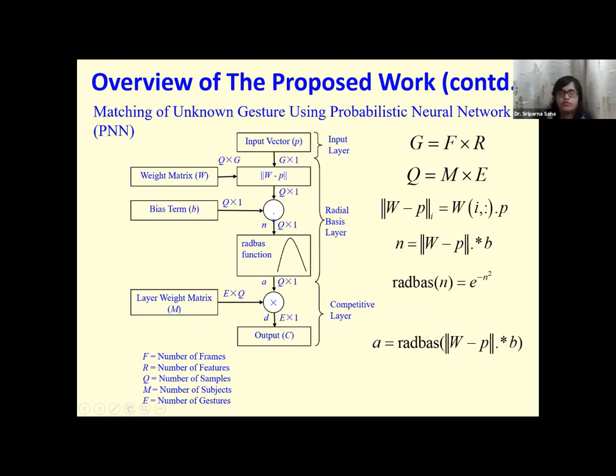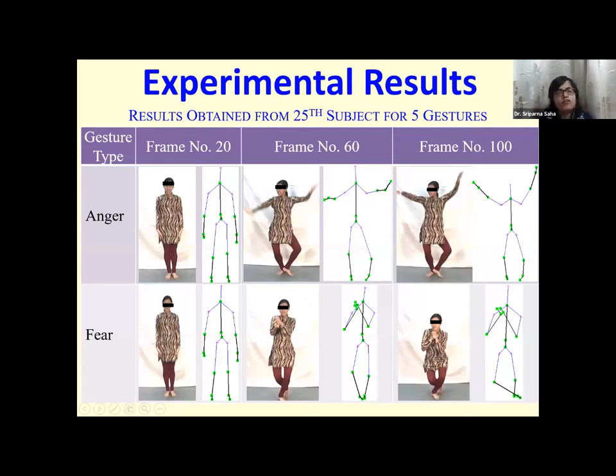Now for this particular work, we have considered 5 emotional dance gestures. For each of the dance forms, data for specific 3 frames has been given, as it's not possible to give all the frames data. So just frame number 20, frame number 60, and frame number 100.